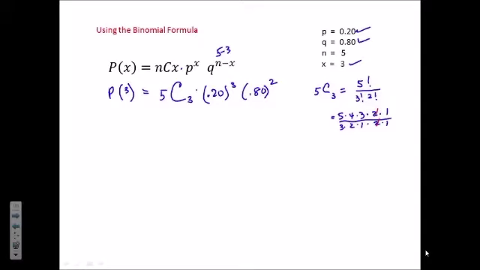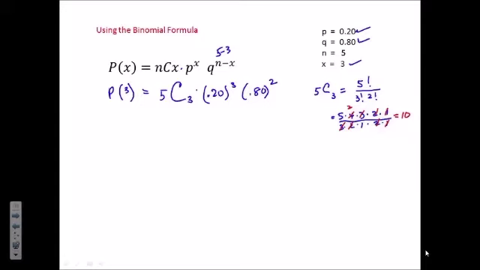A lot of cancellation takes place. And 2 into 4 goes 2, and 5 times 2 is 10. So you could do it by hand, or you might want to do this on the calculator. And by the way, you could do 0.20 by hand. That's 0.20 times 0.20 times 0.20, and then times 0.80 times 0.80. Well, most people probably would rather use the calculator.